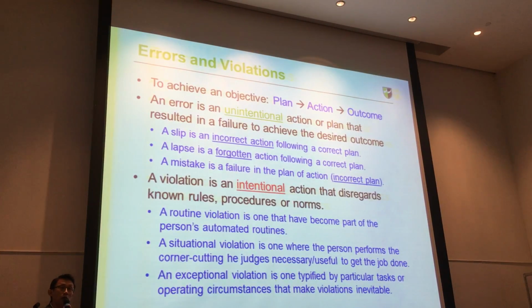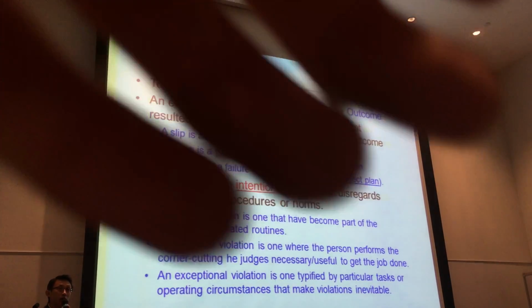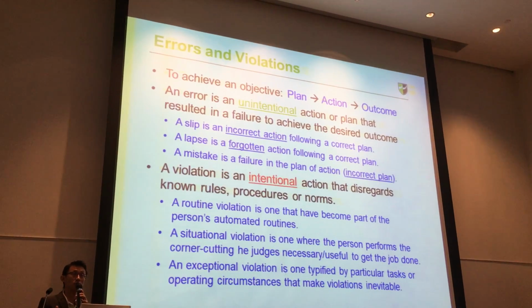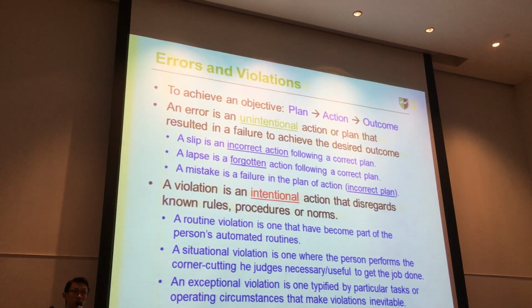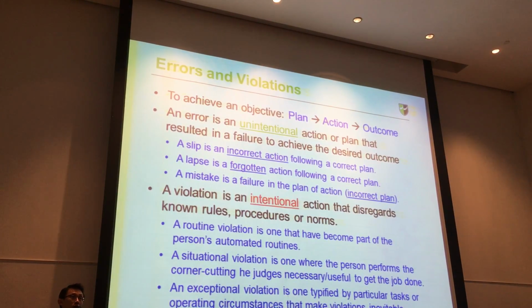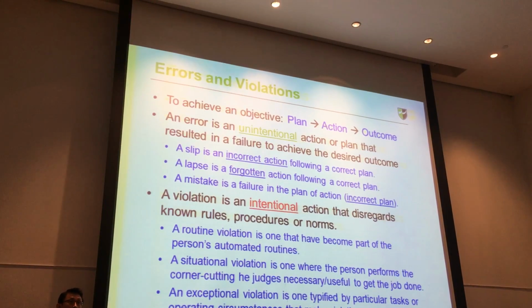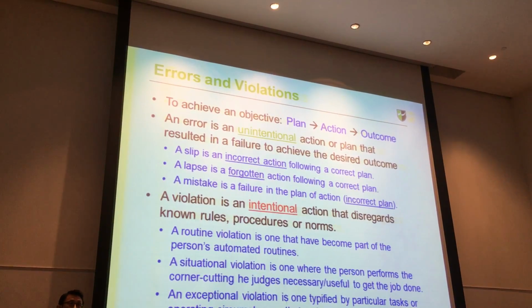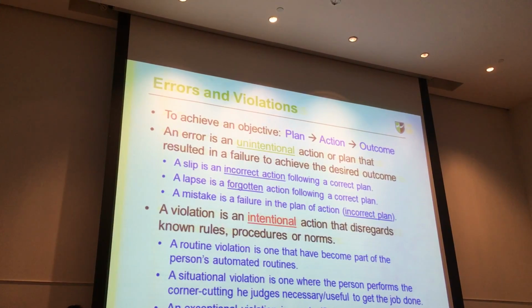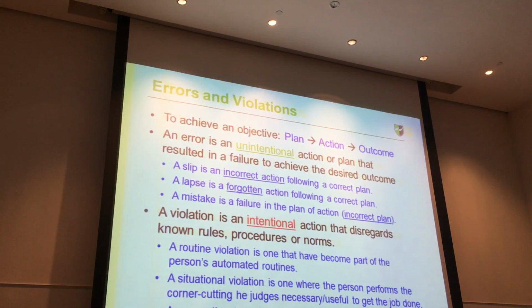If we look at a lapse, say you have a correct plan, for example a checklist, steps 1 to 10, that you are supposed to perform in order to complete the aircraft. You do steps 1 and 2, forget 3 and 4, go on to 5, 6, 7, 8, 9, 10, and then sign off the job. You've forgotten about it. That is a lapse.